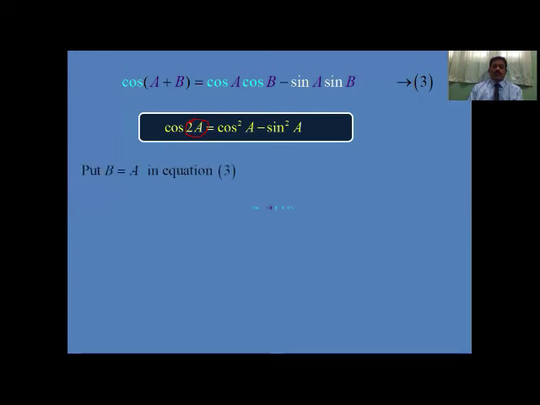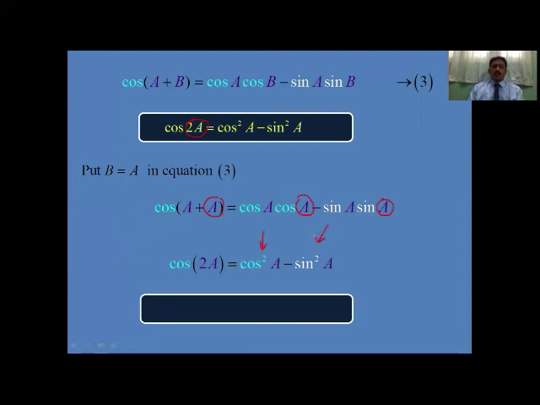If you put B equal to A in equation 3, it becomes cos(A+A) = cos A cos A − sin A sin A. Wherever B is there, replace it by A. Now if you observe the right hand side, cos into cos, you will get cos square. Sin into sin, we'll get sin square. Therefore, our formula is cos 2A = cos²A − sin²A.